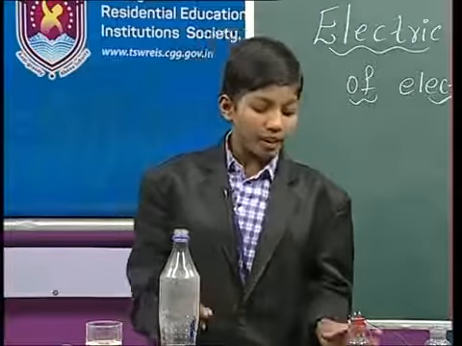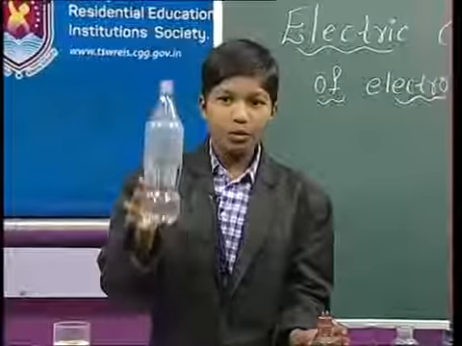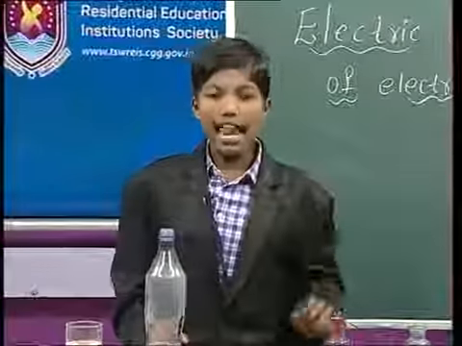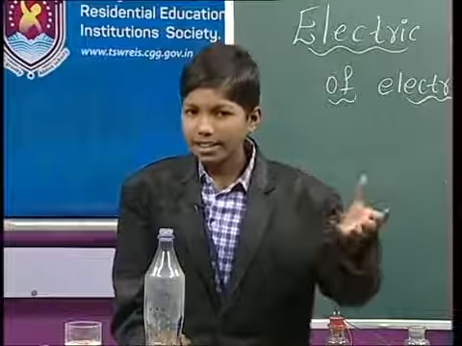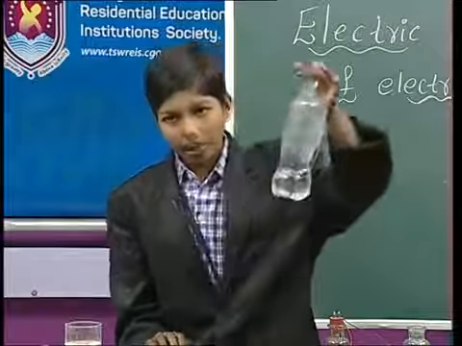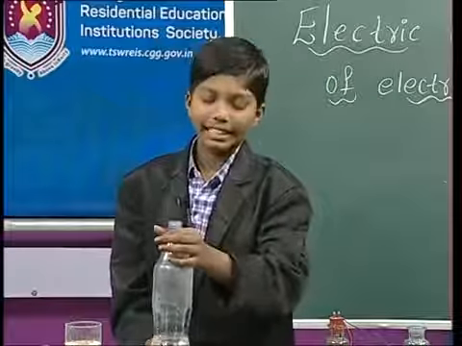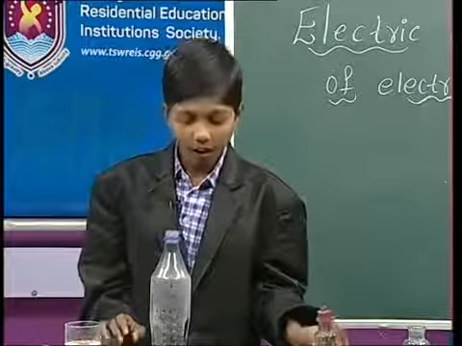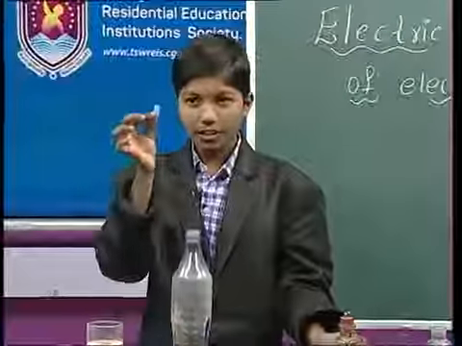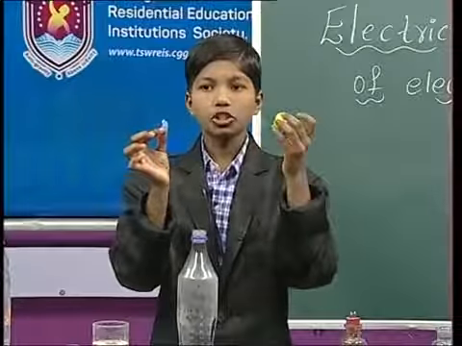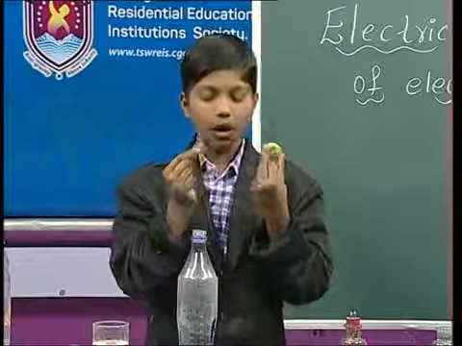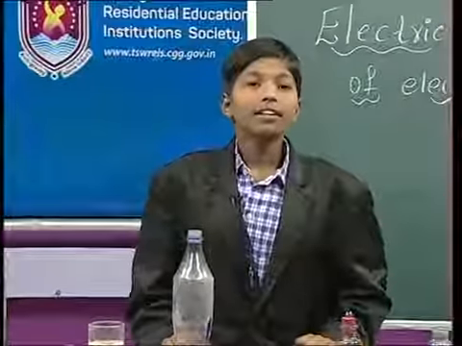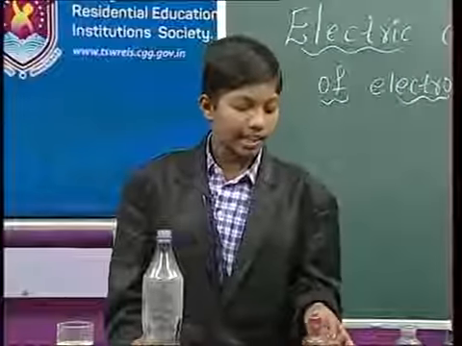And when we do the experiment with distilled water, it does not allow the electricity. In that situation, distilled water is a bad conductor. But when we add salt or copper sulfate or lemon to the distilled water, we can observe that electricity is flowing.